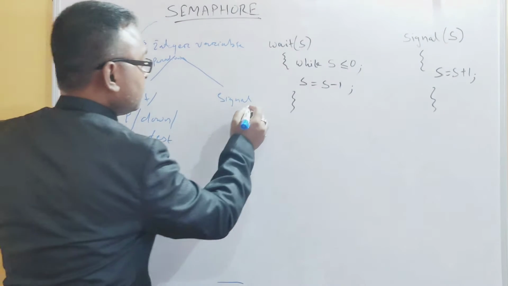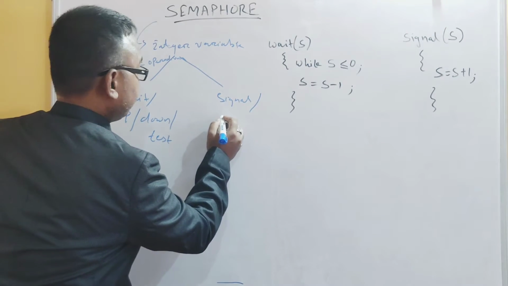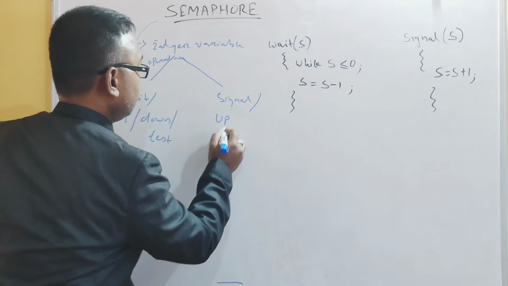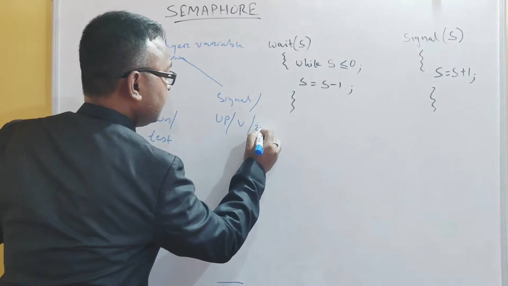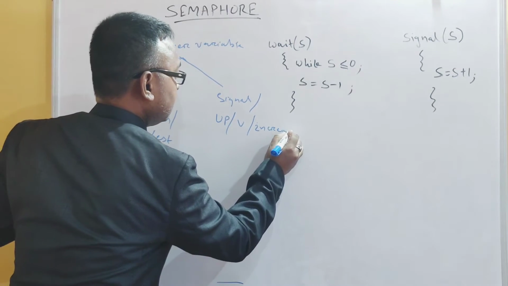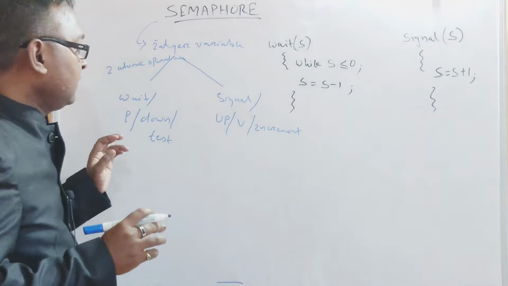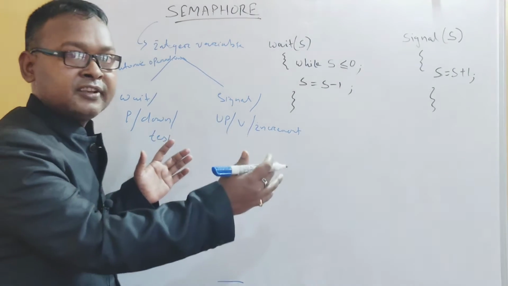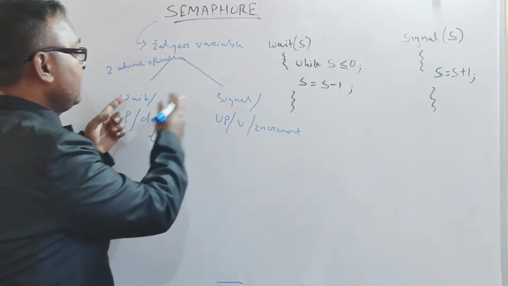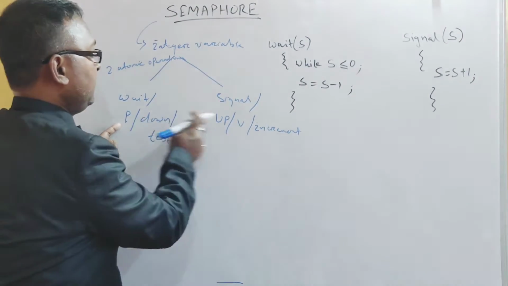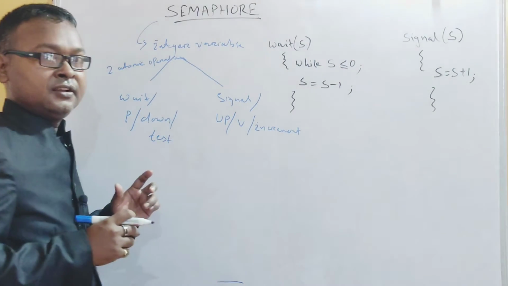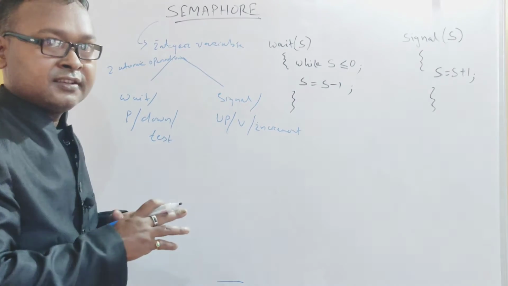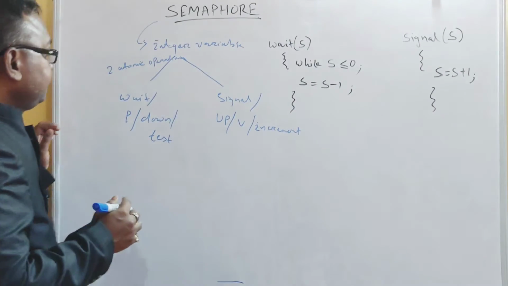So signal you can call it as up also, you can call it as V also, or you can call it as increment also. The meaning is same. In several books you have various terms like wait and signal, or P and V, or down and up, or test and increment. But the meaning is same.